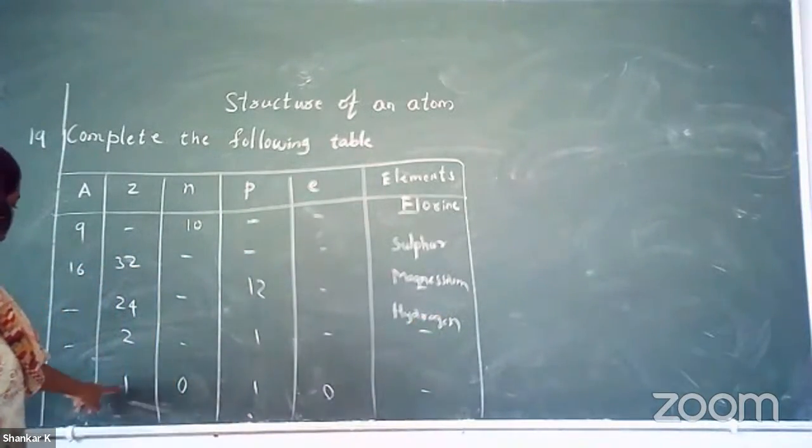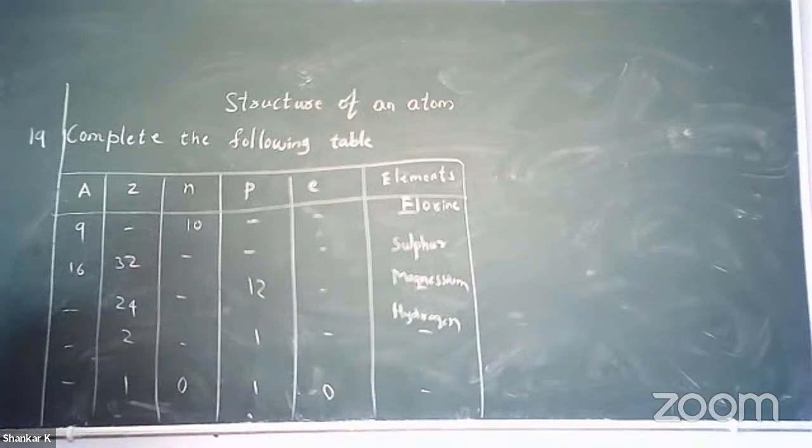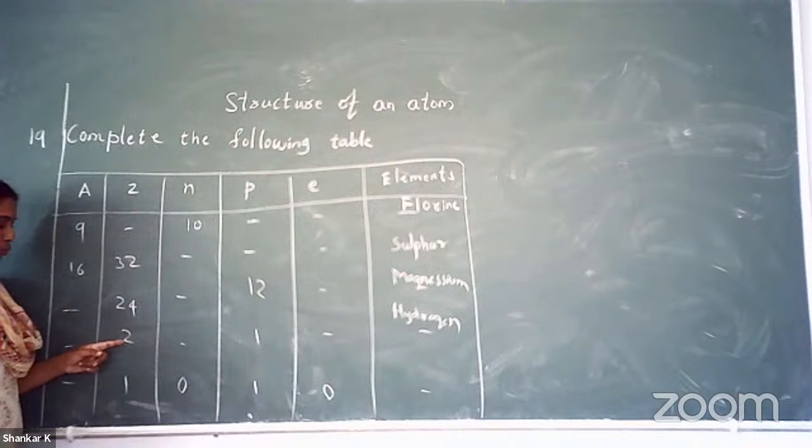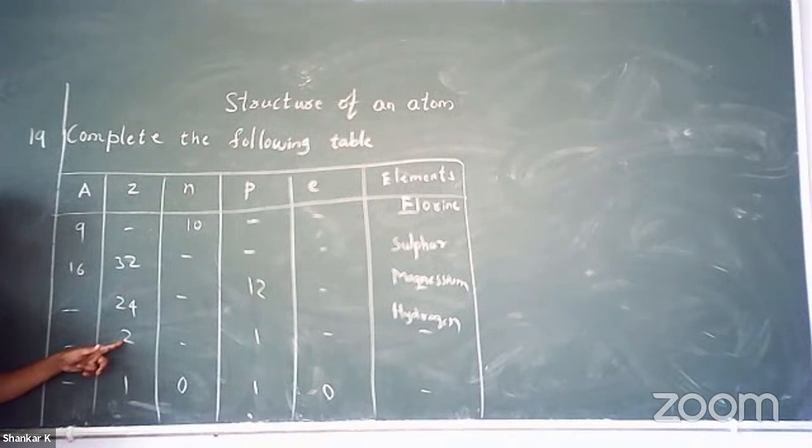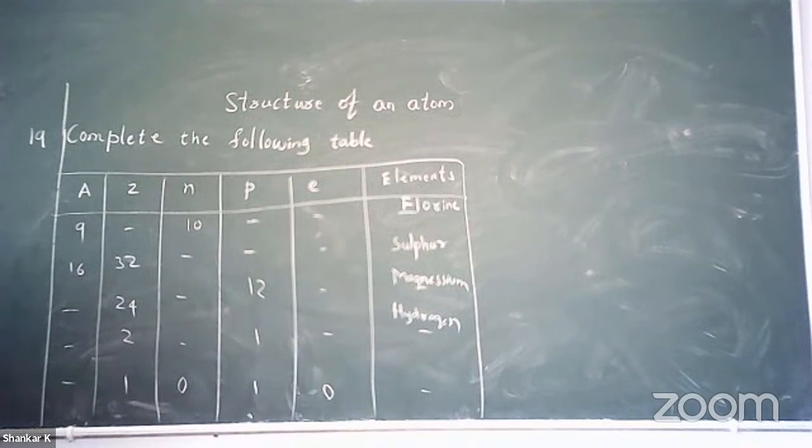Okay. Next you come to this one. What is this? Atomic mass 1 is there. Here 2 is the hydrogen. 1 means which is that? So which element has atomic mass 2? Helium.